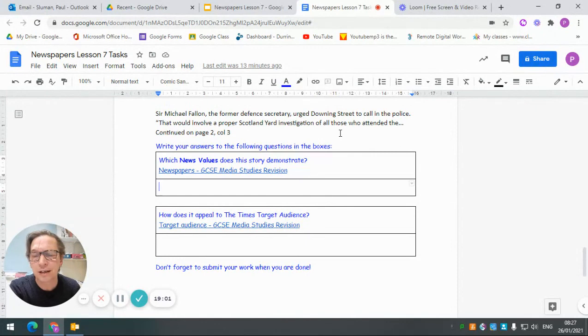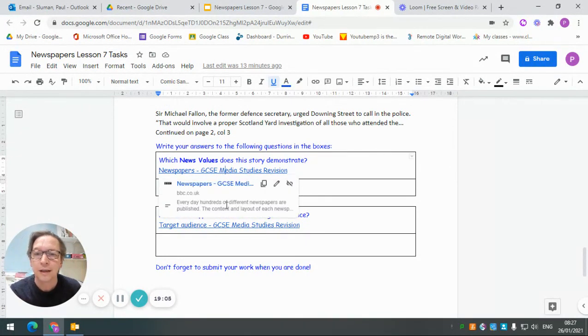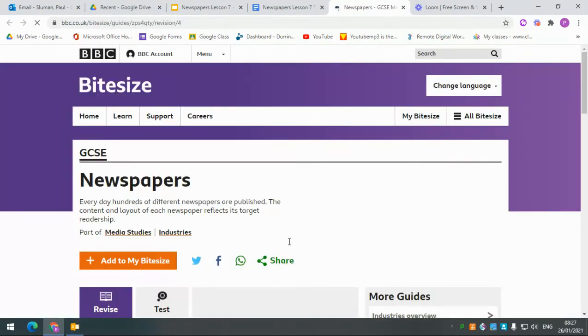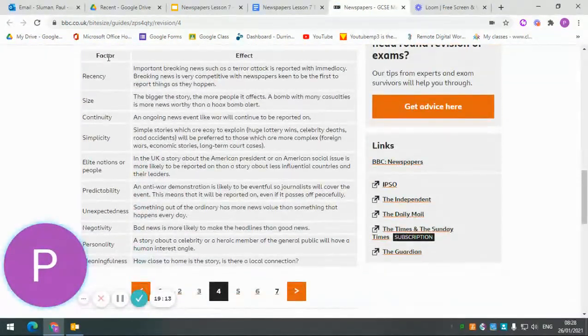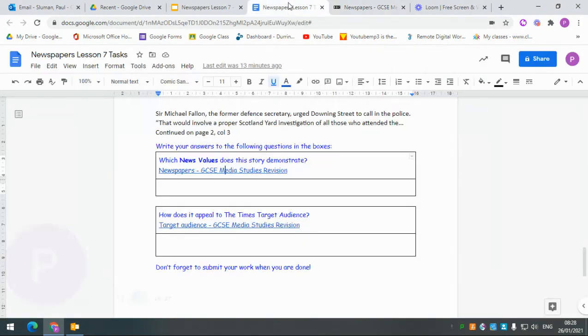Now, if you do get stuck, you think, oh, crikey, I can't remember my news values, then you can click on these links, and that opens the BBC Bitesize page, which is all about newspapers, and we've got a range of news values here. They're using slightly different language to the ones that I taught you in the previous lesson, but they're the same sorts of ideas. So do please make reference to these.